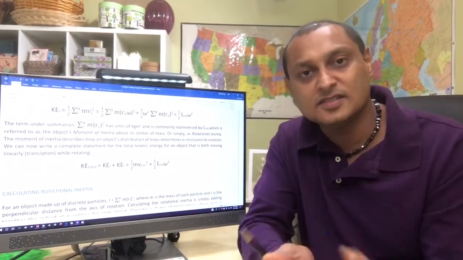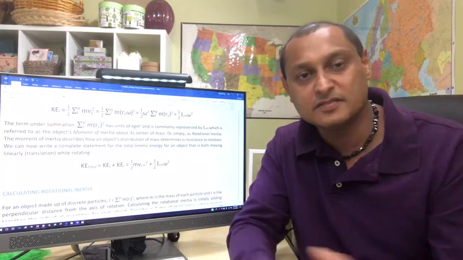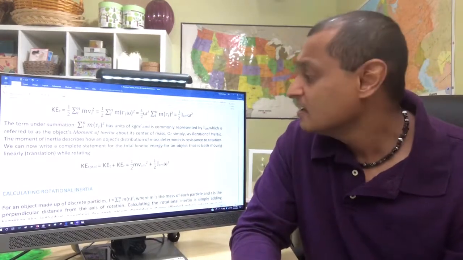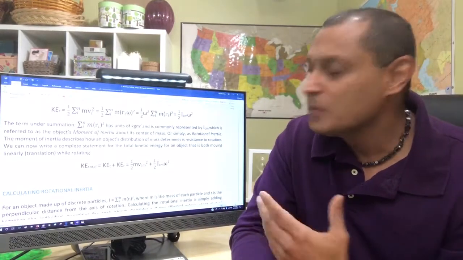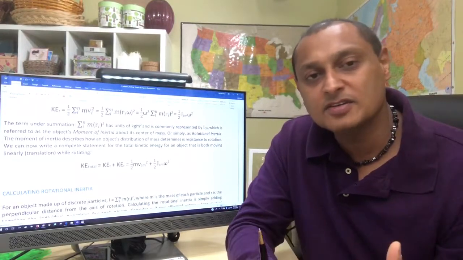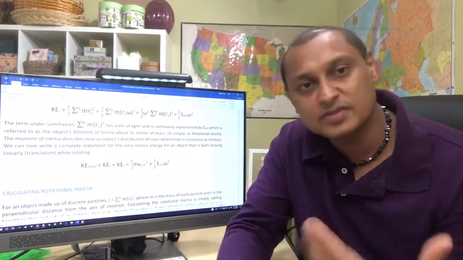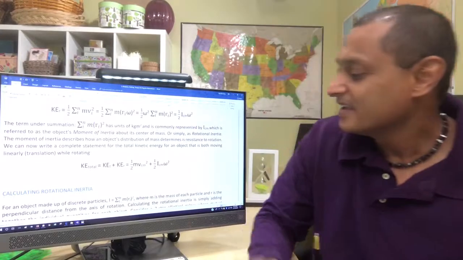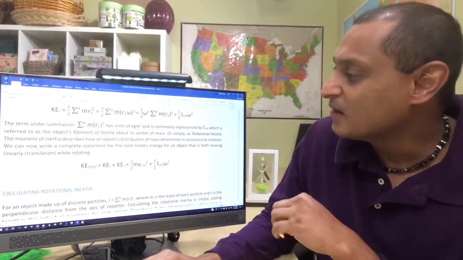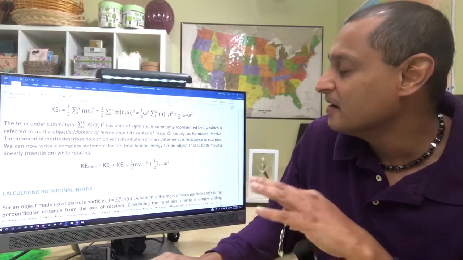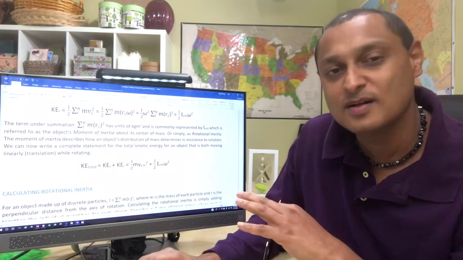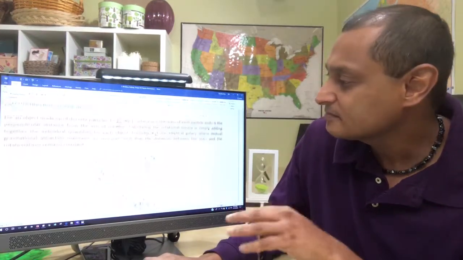Mass is a resistance to change, a measure of linear inertia. Moment of inertia is a measure of the resistance to rotation, if you will. And so we've segued into determining this new parameter called a moment of inertia.